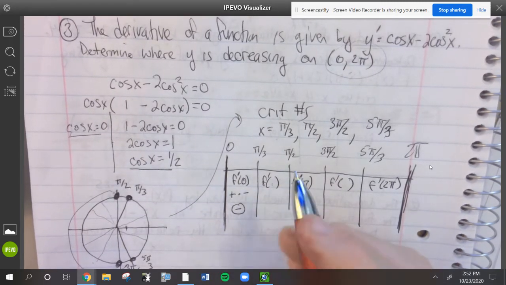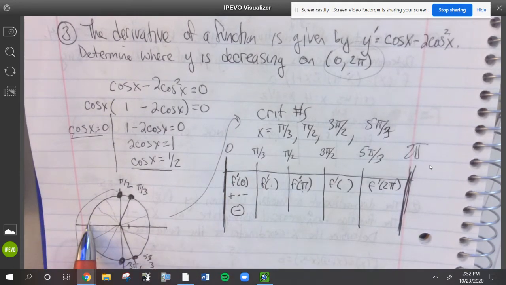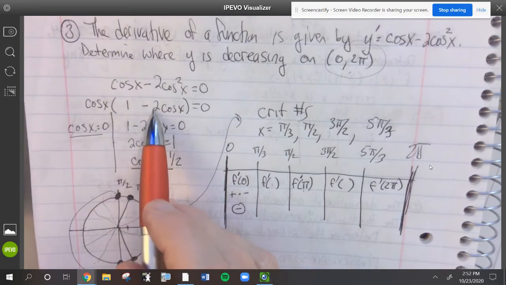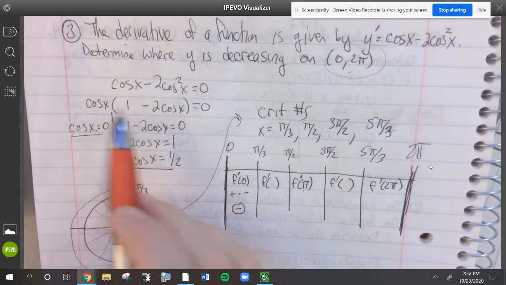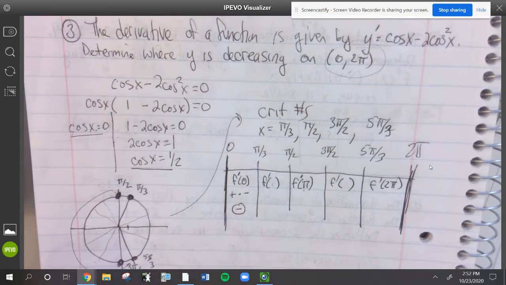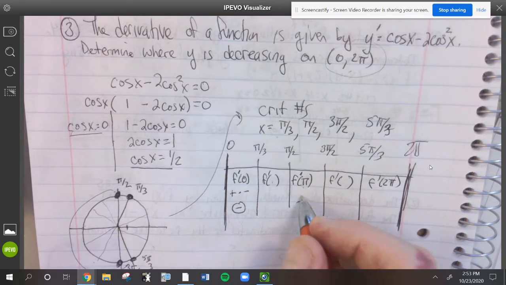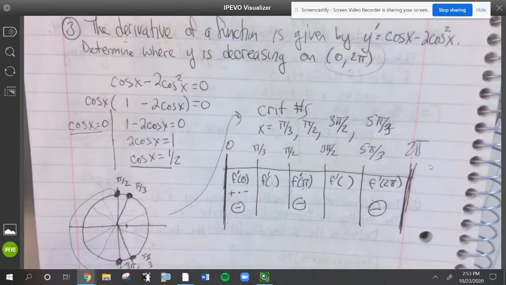So we have decreasing there. Pi. Cosine of pi is negative 1. So we have a negative 1, and 1 minus 2 times a negative 1 is 1 plus 2. So we have a negative 1 times a positive. Negative times a positive is a negative. And in this interval, bam, same thing as this.